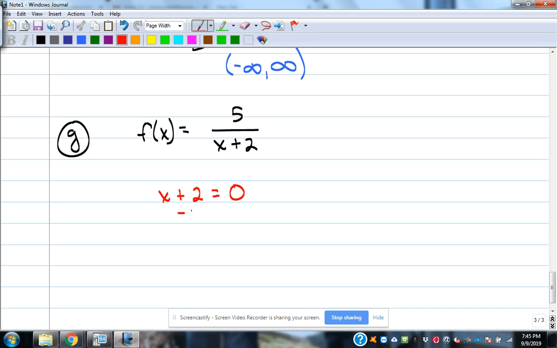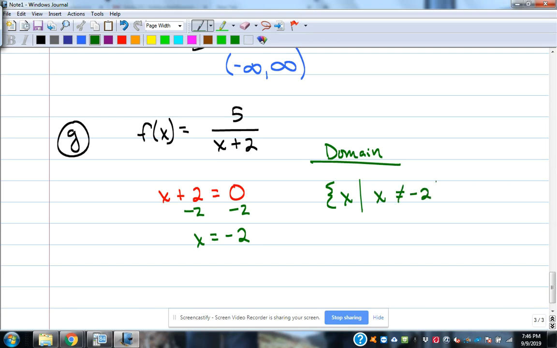So we're going to subtract 2 and x. When x is negative 2, then we'll have a 0 in the bottom. And that's the problem number. Okay? Negative 2 is the problem number. So the domain in set builder notation, you'd have x such that x cannot equal negative 2.